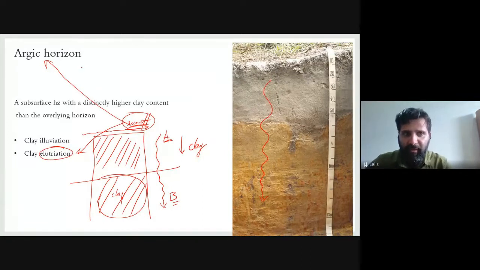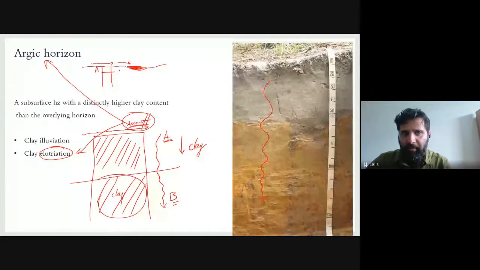So in this area, we have here an A horizon that's losing clay by the effect of runoff, and this clay starts to concentrate in another area, like a depression or a terrace or an alluvial area.